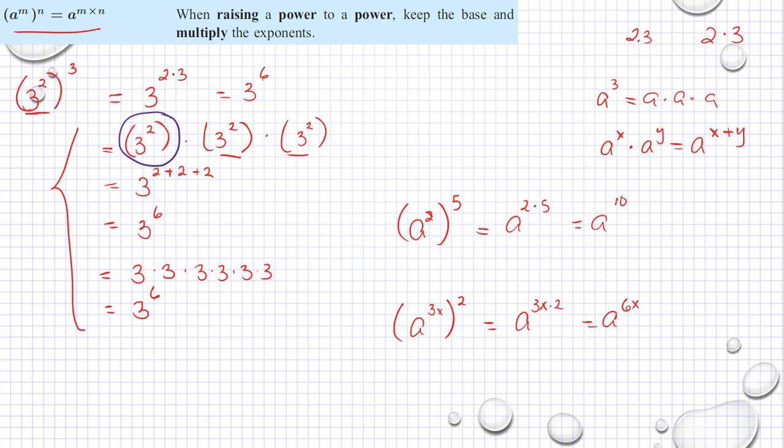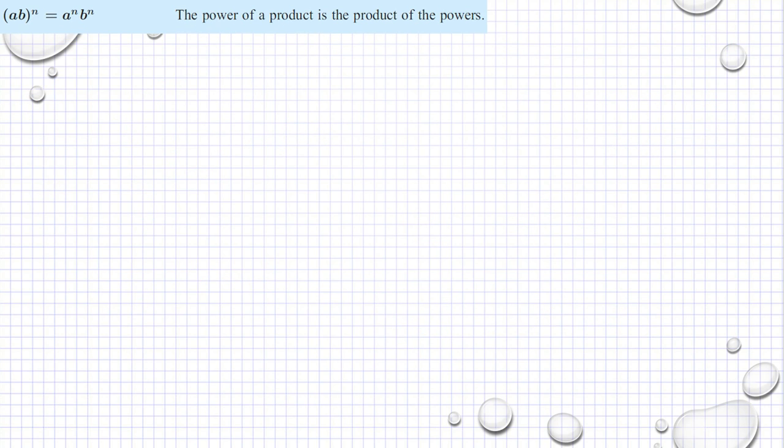The next law is the power of a product is the product of the powers. So this one and this one. Let's have an example for that before we explain or prove that they are equal. So if I have a times b, ab raised to 3, it should be a raised to 3, b raised to 3.